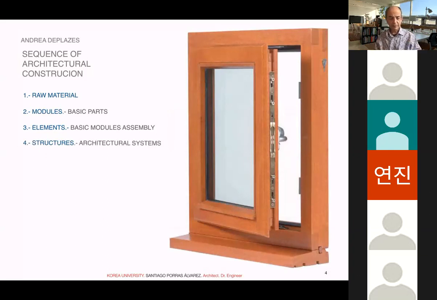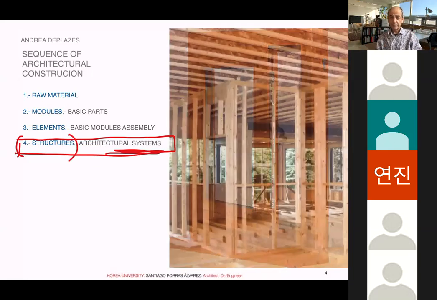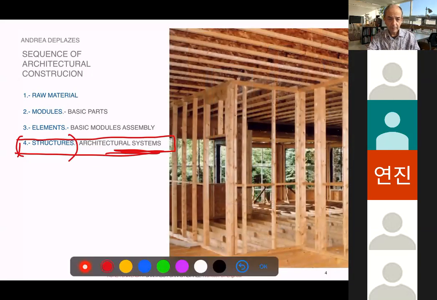Then this is one of the confusing terms, and please be careful with this. What the book calls structures is what we call systems, which is one part of the building which can be distinguished from the others. In the case of timber, we can consider, for example, partitions a system within the building because it has many elements.